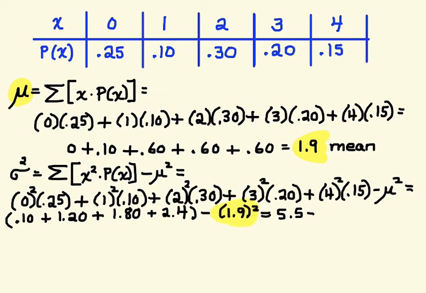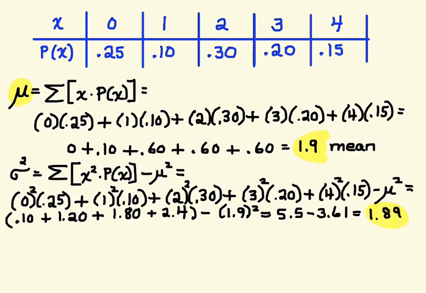Back to my calculator. 1.9 squared is 3.61. So minus 3.61. 5.5 minus 3.61 gives us 1.89. So that's our variance.